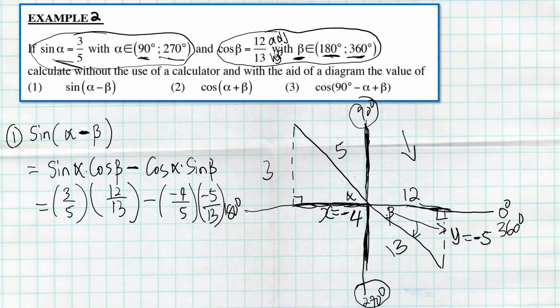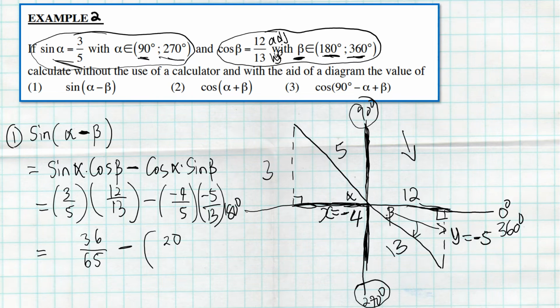Then we can determine the answers. 3 times 12 gives us 36, right? 5 times 13 gives us 65. Minus times minus, 4 times 5, gives us positive 20.